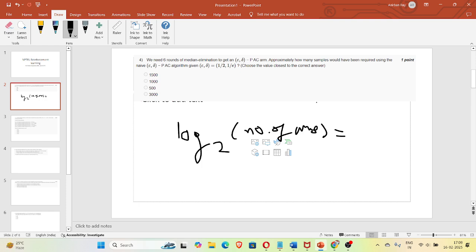Okay, so logarithm at the base 2 of number of arms is 6. Okay, that is what is given to us. So number of arms is equal to 2 to the power 6 is equal to 64.